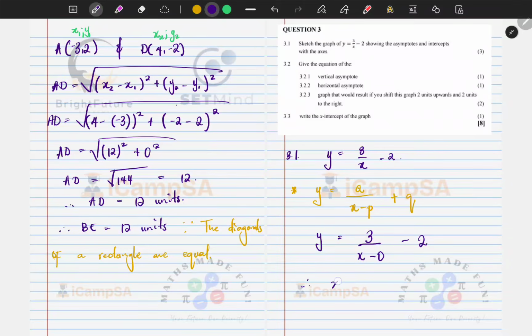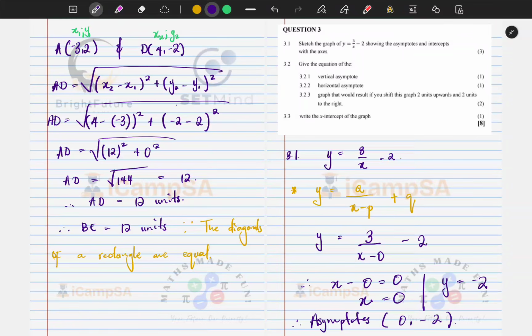So this means that x minus 0 equals 0 is going to be x equals 0. So that's going to be our vertical asymptote, right? And then your y is just going to be y equals minus 2, right? So your asymptotes are going to be 0 and minus 2, right?